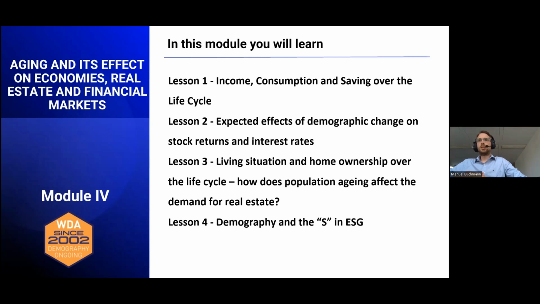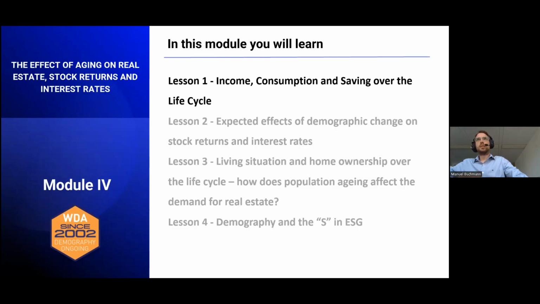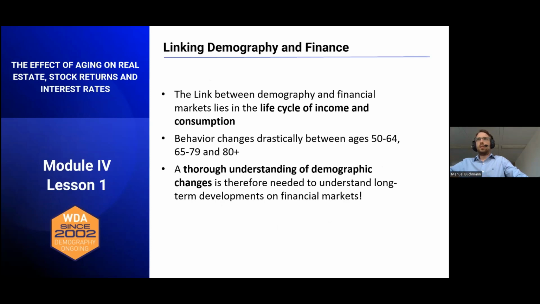I will now start with lesson 1, income, consumption, and saving over the life cycle. First, the motivation. Why do we even talk about the life cycle? This to me is the core of this whole topic, the link between demography and financial markets, which is exactly this life cycle of income and consumption.